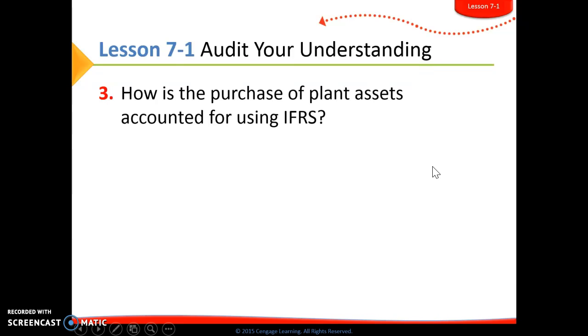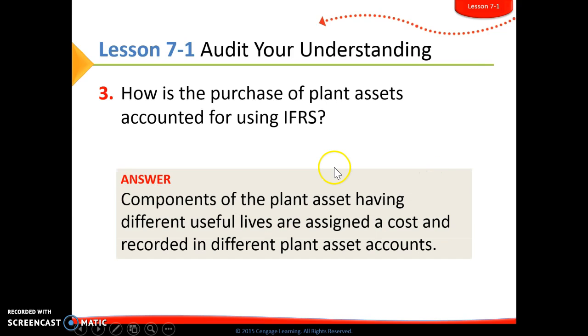Number 3, how is the purchase of plant assets accounted for using IFRS? This is when components of a plant asset that have different useful lives are assigned a cost and recorded in different plant asset accounts. So this is where we looked at the delivery truck, and its useful life is going to be different for its tires, its transmission, and the frame of the truck.